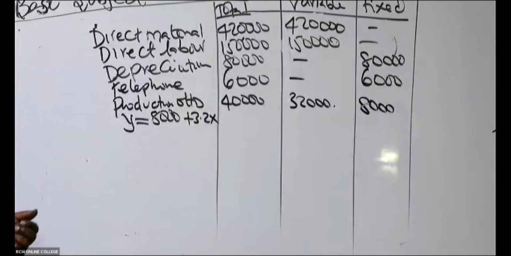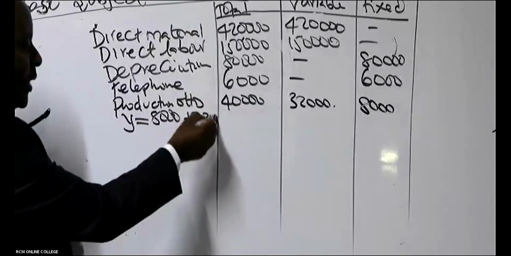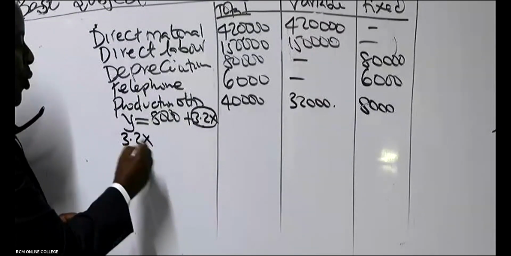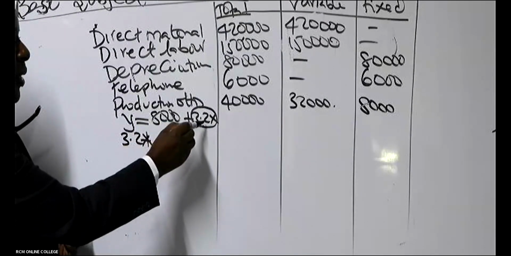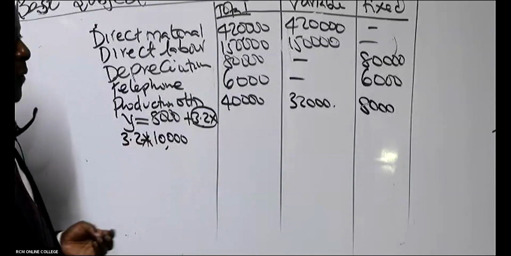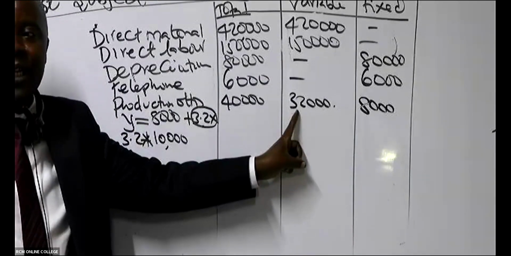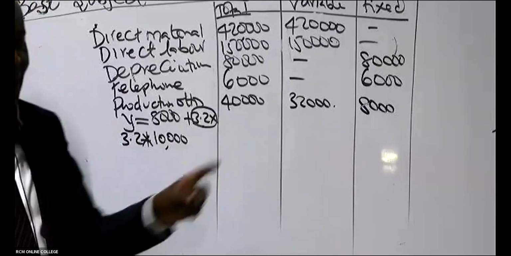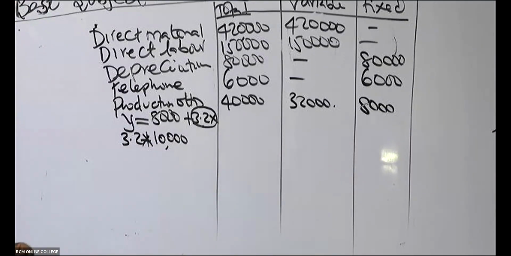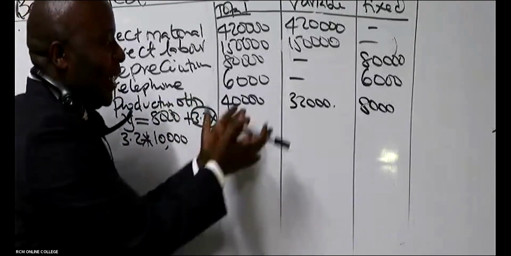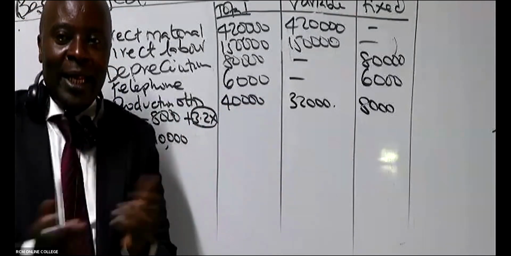They knew this is the variable cost. Then they said 3.2 times x, and you told me this was used to produce 10,000 units. What is 3.2 times 10,000? It will be 32,000, isn't it? A student who knew the total and that 8,000 is fixed easily gets that 32,000 as the balancing figure.